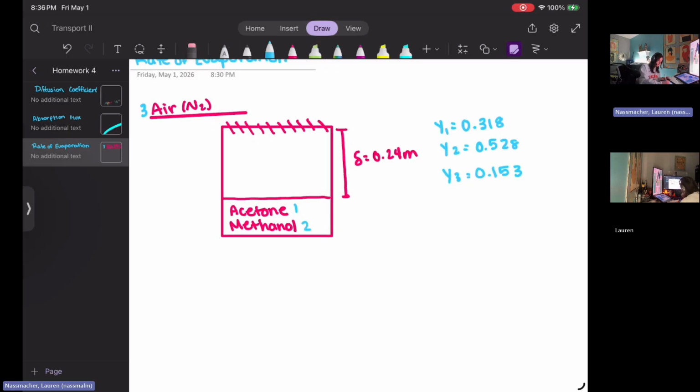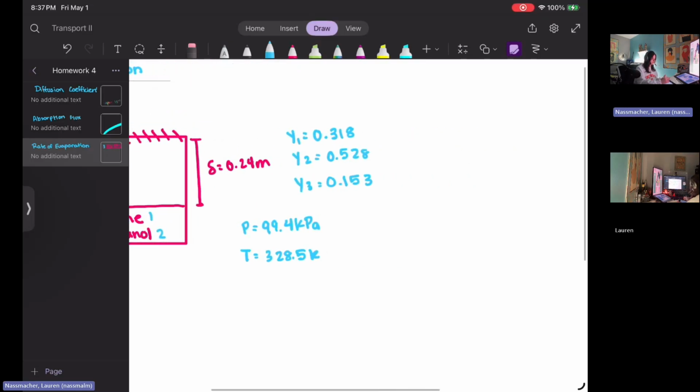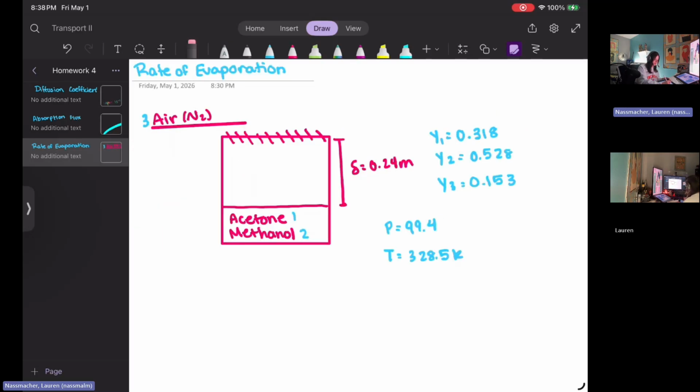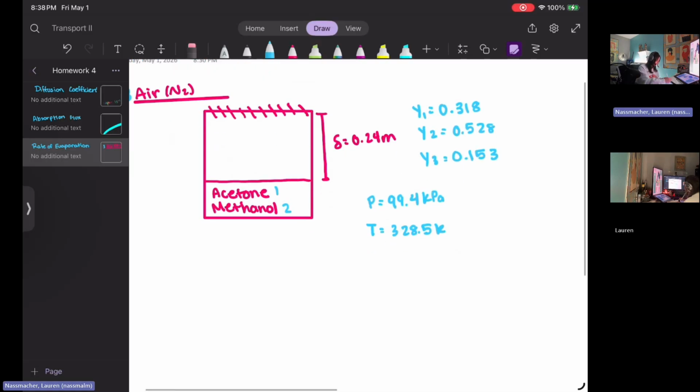We also have a pressure that is 99.4 kilopascals and a constant temperature of 328.5 Kelvin. This is actually kilopascals, not pascals. With this information, we're also given our diffusion coefficients, so let's put all our information together.